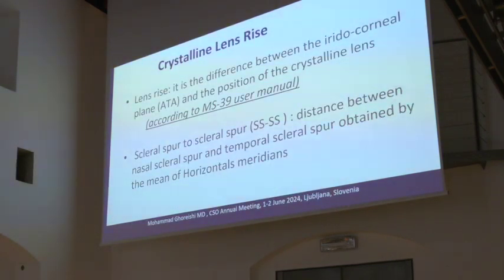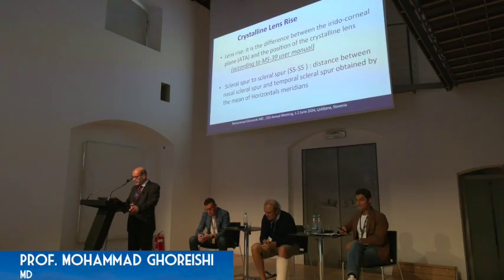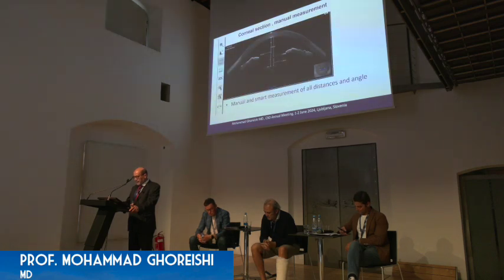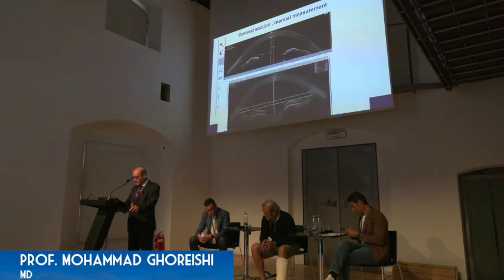The crystalline lens is measured with this machine, I think, from sulcus to sulcus, or maybe angle to angle. And as I mentioned, you can measure most of the parameters manually, like the ICL vault, anterior chamber depth, and corneal thickness.